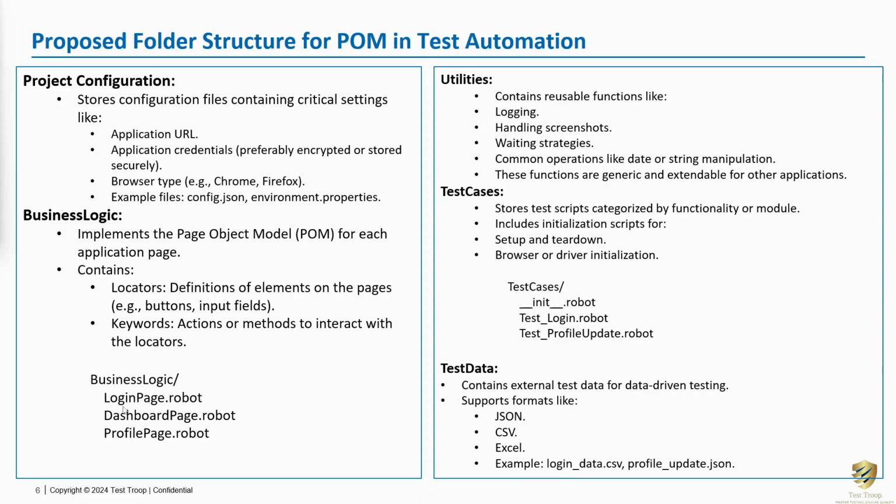It will have a login page which carries all the details in order to perform the login operations. It contains the locators for identifying the username field, the password field, and the login button. Along with that, it also contains the function that performs the login operation. Similarly, dashboard page.robot or profile page.robot, etc.